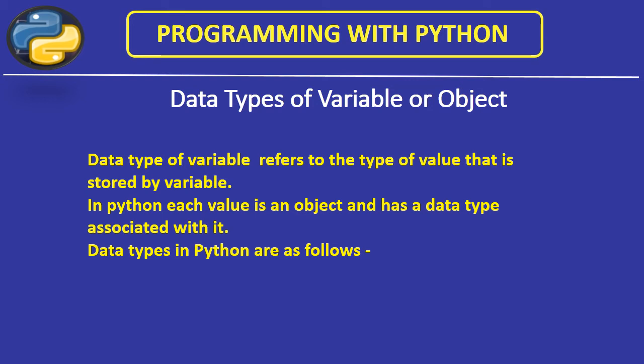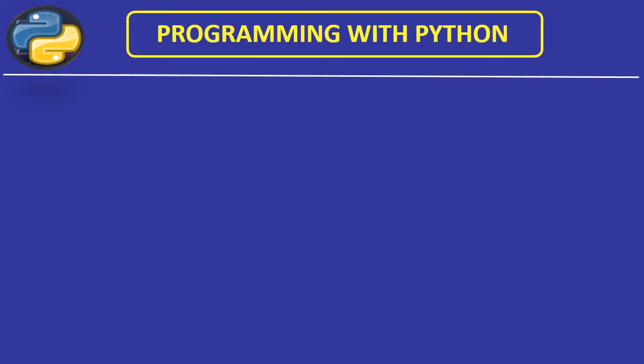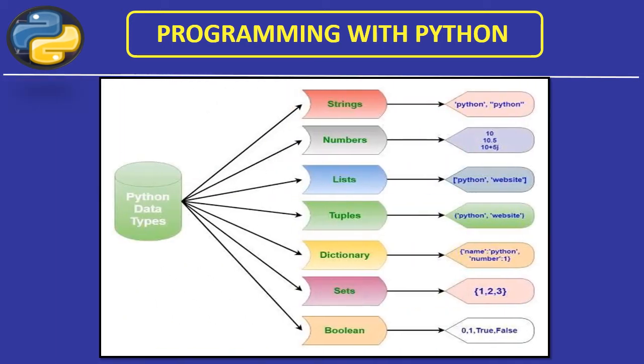It means whenever we are declaring any variable, it has a certain type, and that depends on the value assigned to it. We can understand with the help of this diagram, where the data types are listed.